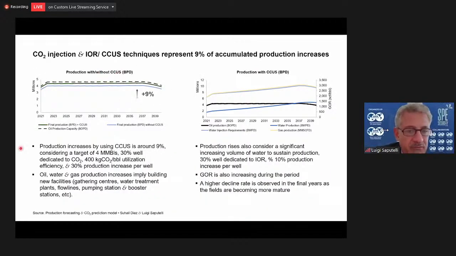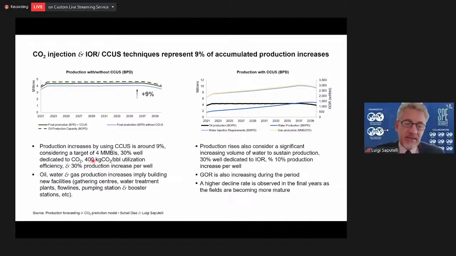If we have an EOR process and we plug in the numbers that are mostly accepted in terms of CO2 gain, in this particular example we dedicated about 30% of the well stock of the company to CO2 flooding, okay? And we utilize a normally established number of about 400 kilograms of CO2 per barrel utilization efficiency.